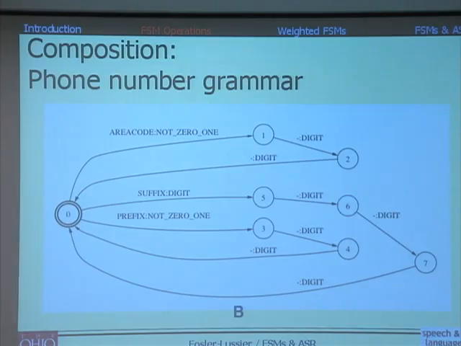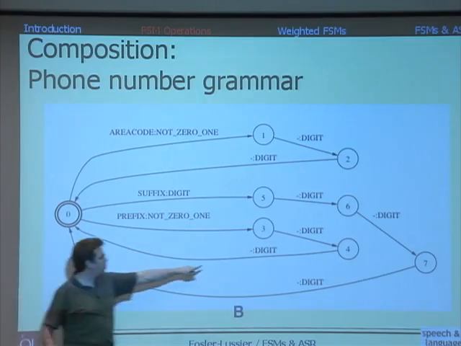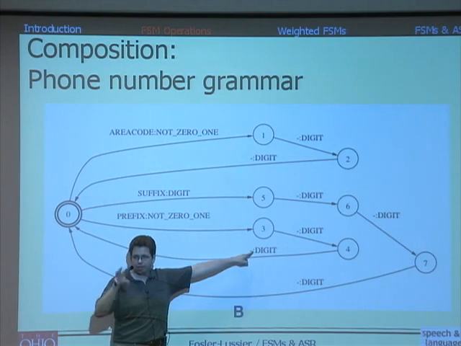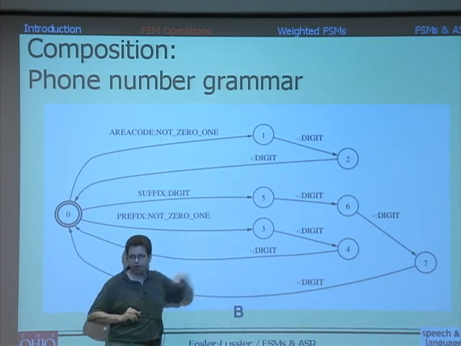Prefixes, not 0, 1, followed by digit, digit, right? Okay. Now, I could have written out all of those situations by hand, right? But what I really want to reuse is this idea that digit has a specific meaning, right? Or it has a specific thing that it repeats over and over again, right?